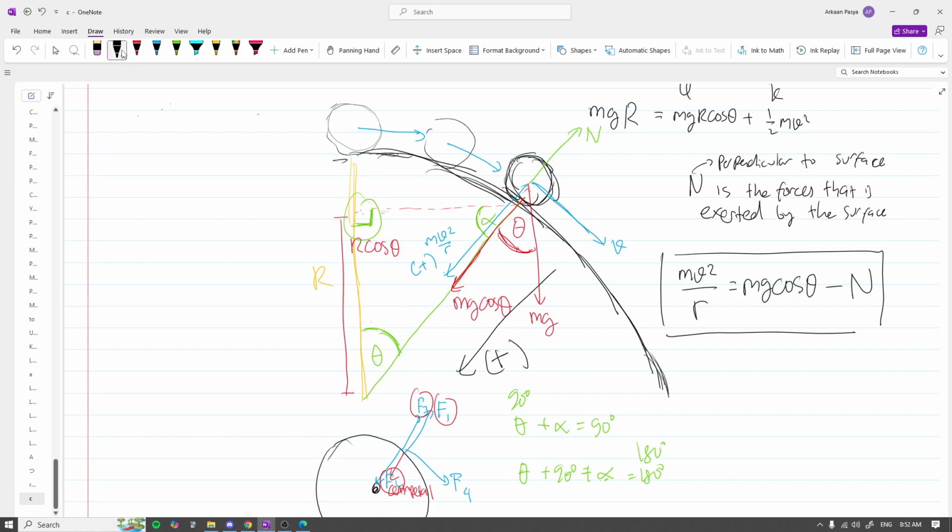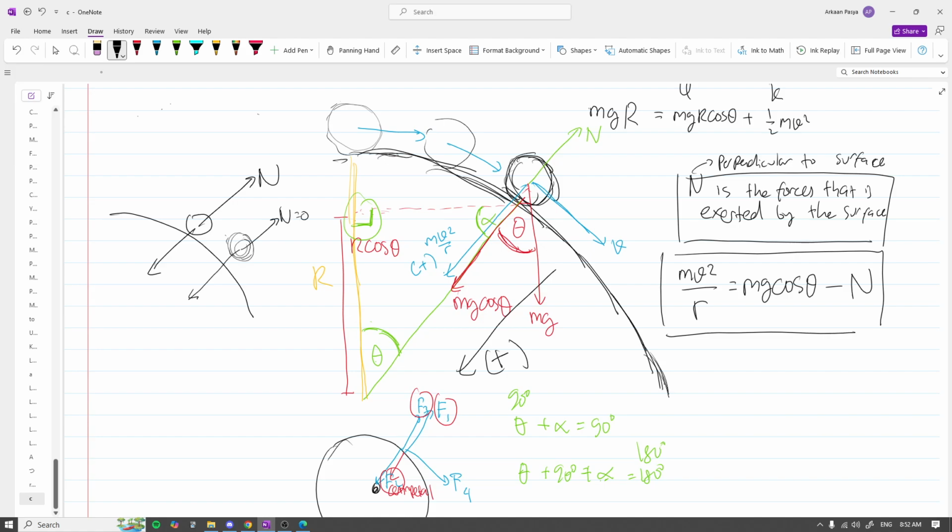So we know that N is the force that is exerted by the surface. Because there is something acting on the surface, there is N. When the ball leaves the hemisphere, it doesn't exert anything on the surface anymore, so N is 0.